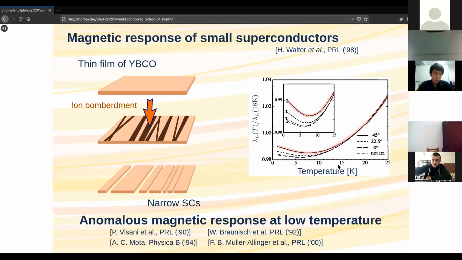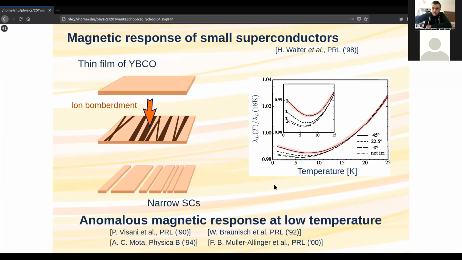However, in this film, at a low temperature, the penetration depth slightly increases. This is due to the odd frequency Cooper pairs induced near the surfaces.